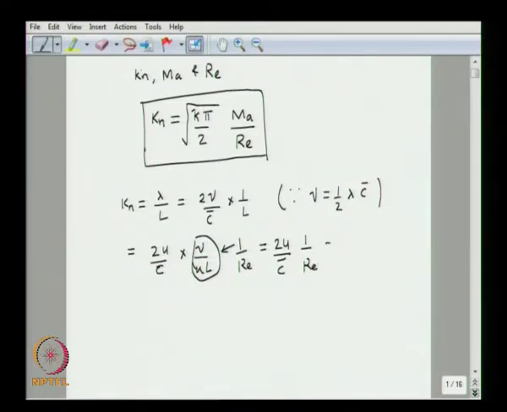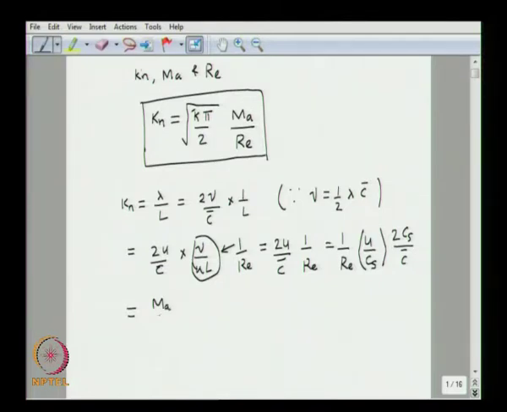Now we can write this as 1 over Reynolds number into U over Cs into 2 Cs over C bar. And U over Cs is the Mach number, right.